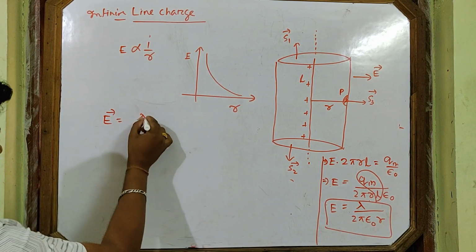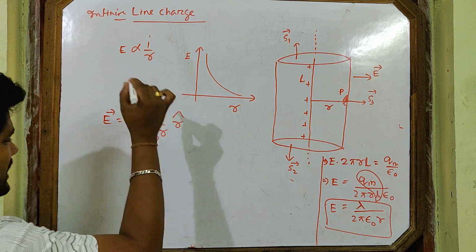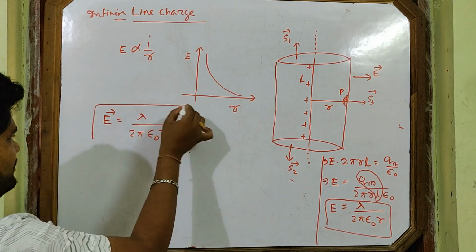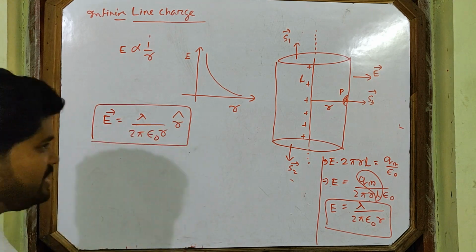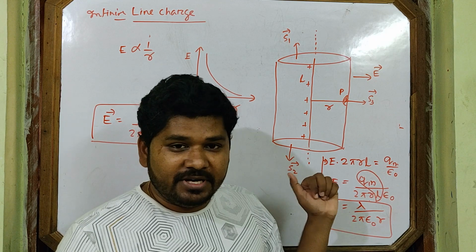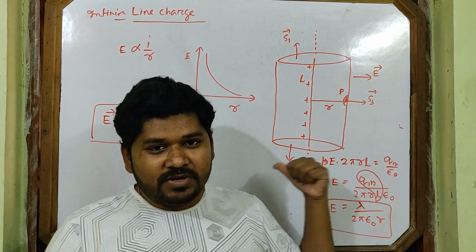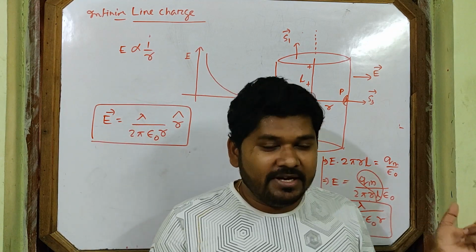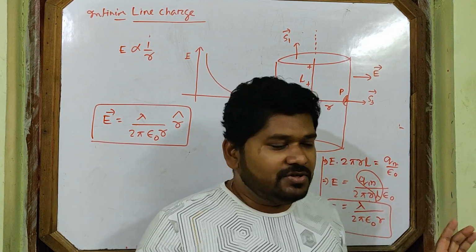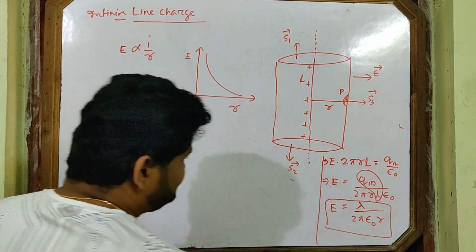E vector is equal to lambda by 2 pi epsilon naught R into R cap. This is the vector form. What is the direction of R cap? It is radially away if the charge is positive, and radially towards if the charge is negative. So this is about infinite line charge.